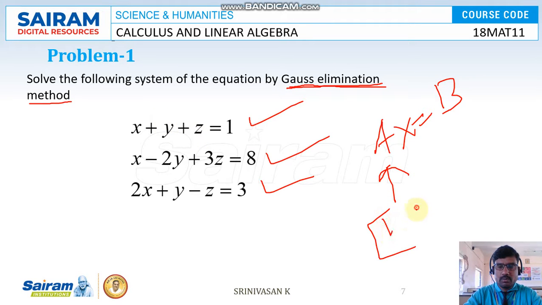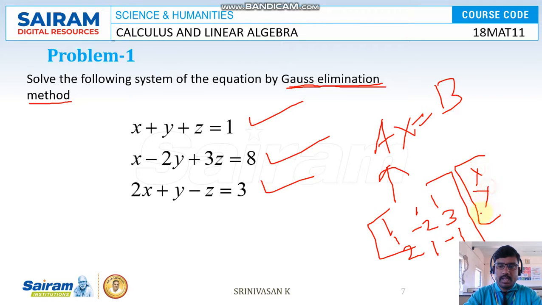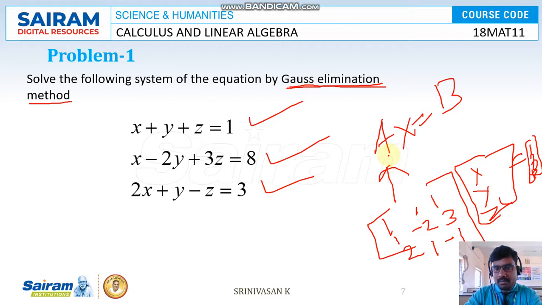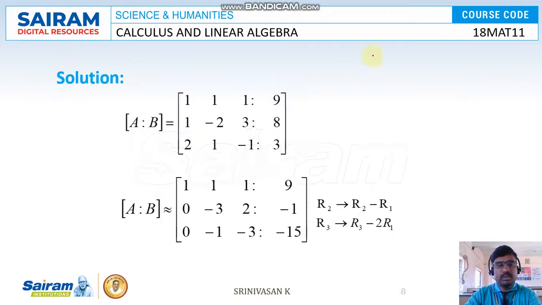The first row is 1 1 1, then 1 minus 2 3, and 2 1 minus 1. And what is X? X is the unknown variables, that is x y z, equal to B. B is the constants, that is 1 8 3. Clear? So the augmented matrix A|B, we get this matrix.